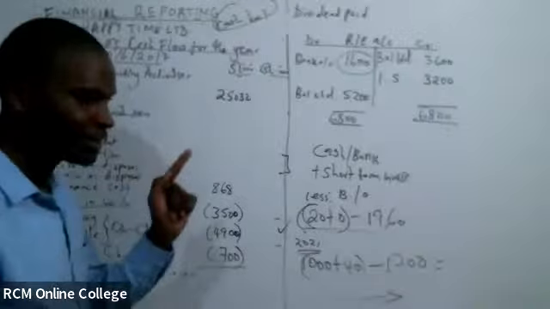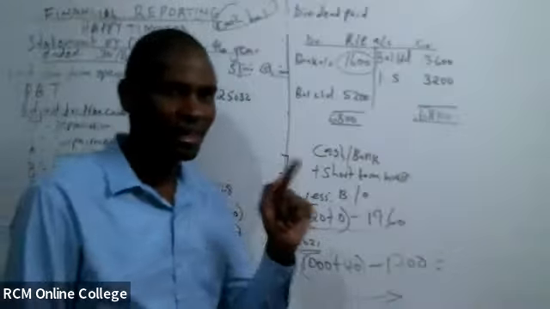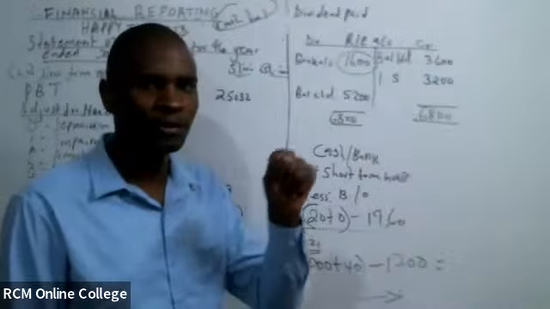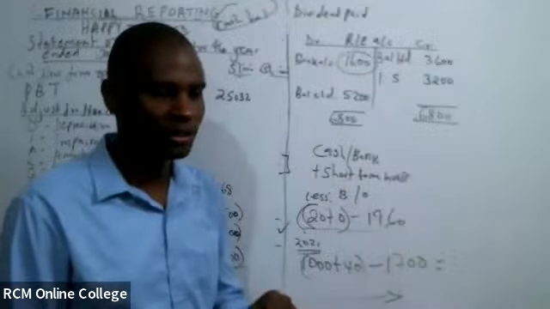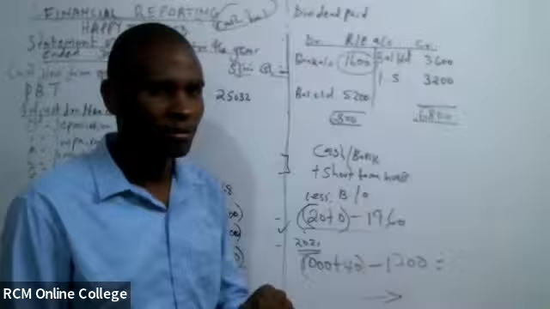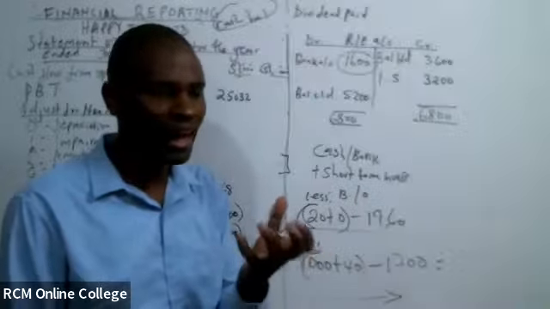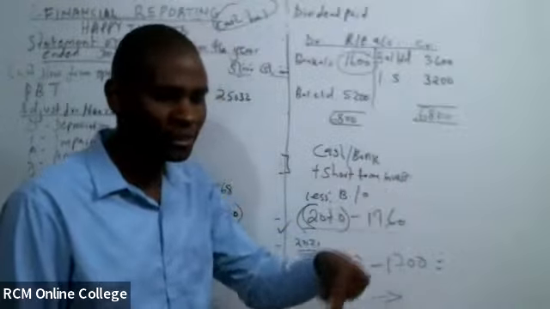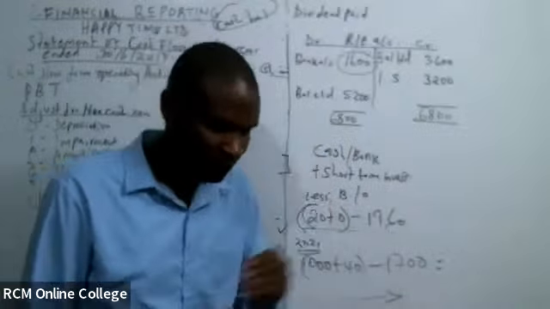Now, tax paid. We said something very important regarding the tax paid. We have a tax that was paid in the income statement. But is that really the actual tax paid? Before we conclude that it is the actual tax paid, where should we look first?